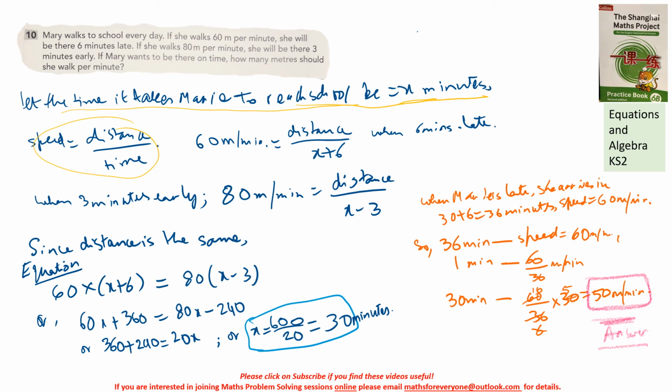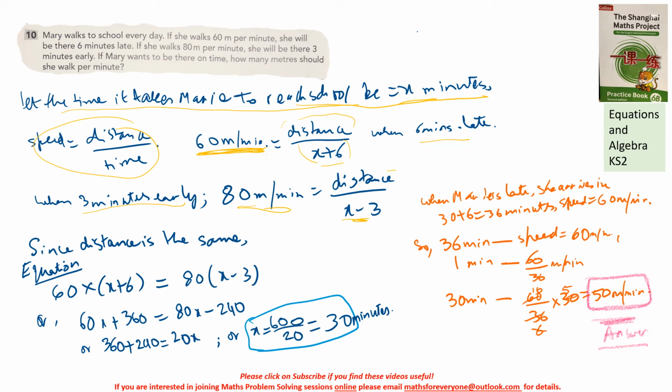So when she is walking at 60 meters per minute, distance we don't know, but time will be x plus 6 when she's 6 minutes late. When she's 3 minutes early, it would be x minus 3.